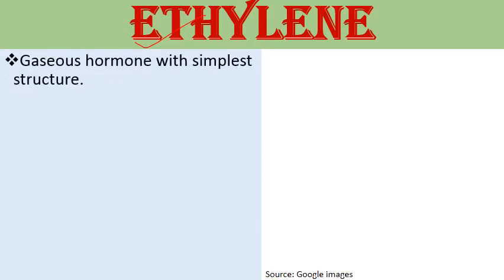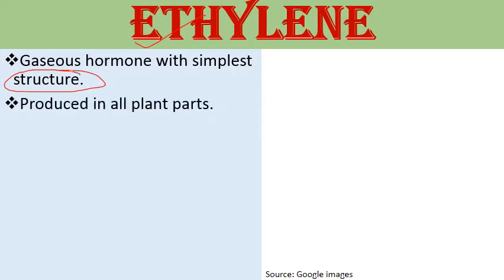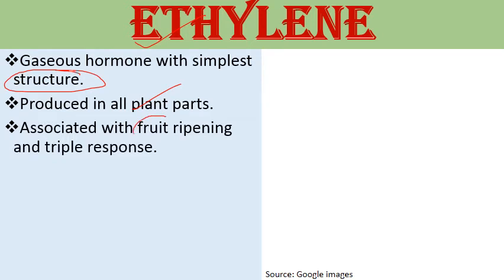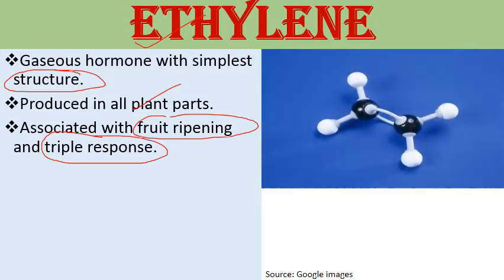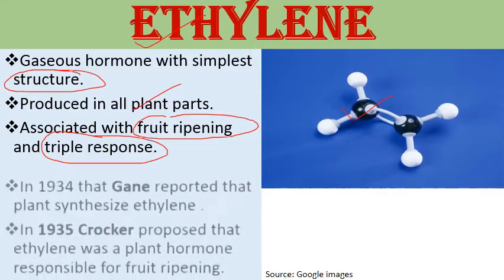Ethylene is a gaseous hormone which is responsible for the ripening of fruits. It is a gaseous hormone with the simplest structure, produced in all plant parts, associated with fruit ripening, and it shows the triple response that we will discuss under the heading of physiological roles of ethylene. This is the structure of ethylene.